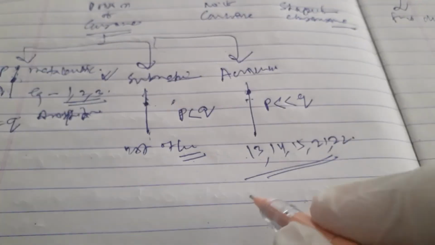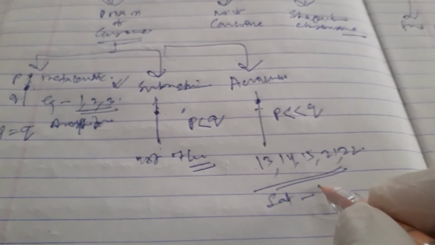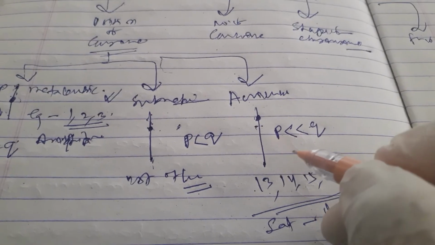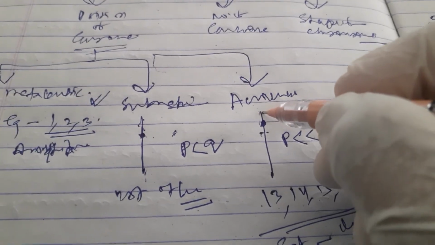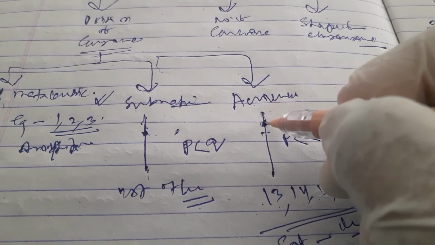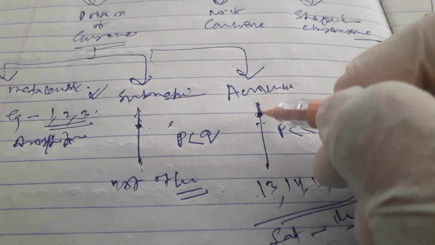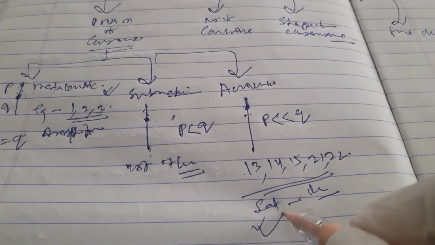This type of chromosome is also known as sat chromosome, because it contains satellite. Suppose this part is the satellite, it looks like a satellite, that's why it is called satellite chromosome.